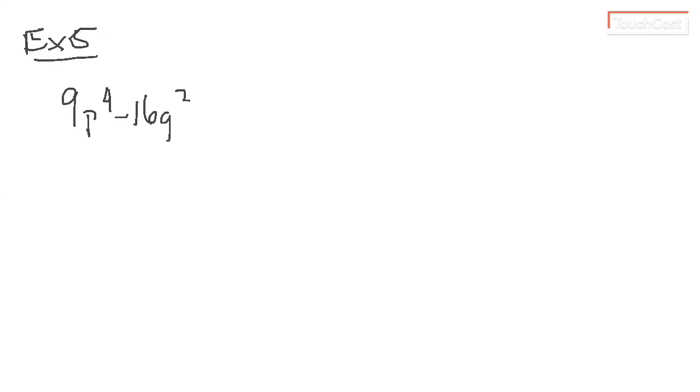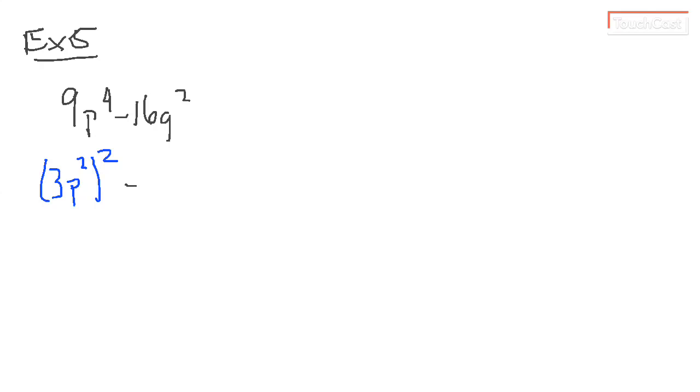We're good there. Now we ask ourselves, can we write the first term as something times itself? Well, 9 we know is 3 times 3, so we'll put a 3 in there. p to the fourth, that can be p squared times p squared. So we've got 3p squared, squared.